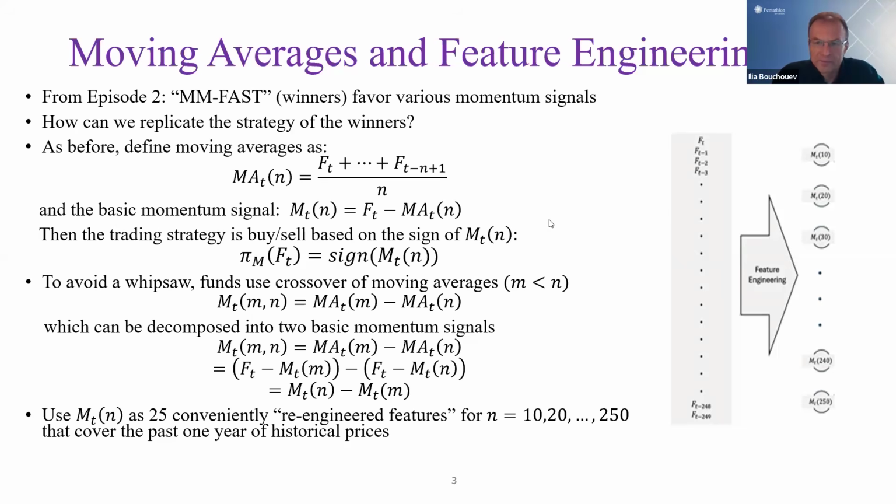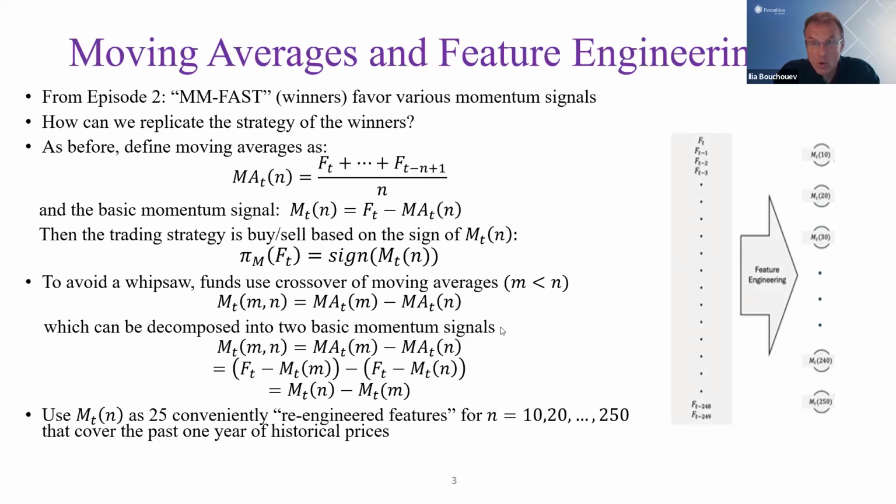So we need to find a basis that has fewer features, just easier to work with. And in this case, we're going to use essentially 25 conveniently re-engineered features, with each one representing a simple momentum strategy with lookbacks in 10-day increments.